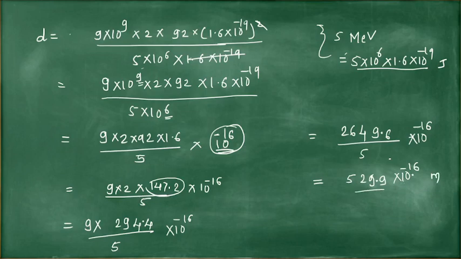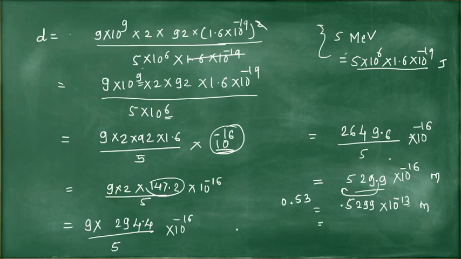Since you want the order of magnitude, the decimal point should be here: 0.5299, which you can write as 0.53 also, into 10 raised to minus 13 meter. But here the options are in centimeter.